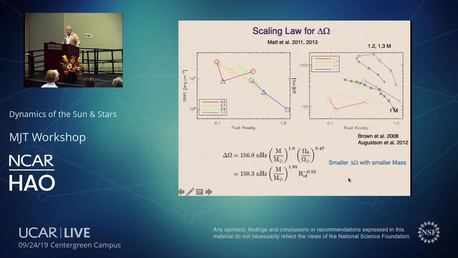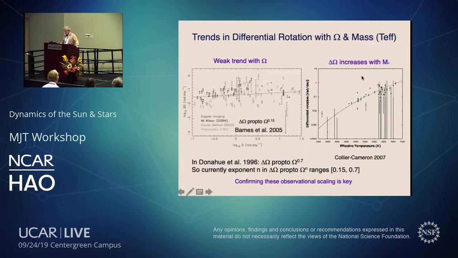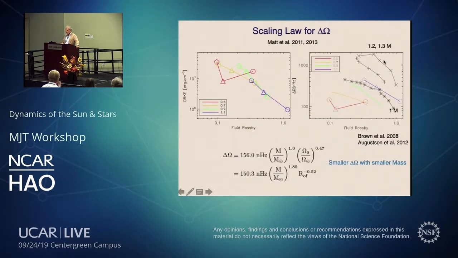So when we look at the scaling, and here this is as a function of fluid Rossby number and delta omega, I've put the half solar mass, 70%, 90%, one solar mass with some work from Ben, 1.1, 1.2, and 1.3 with work we did on F stars with Kyle. We see that as we increase in mass, we indeed find stronger differential rotation.